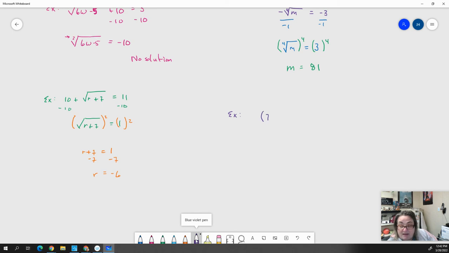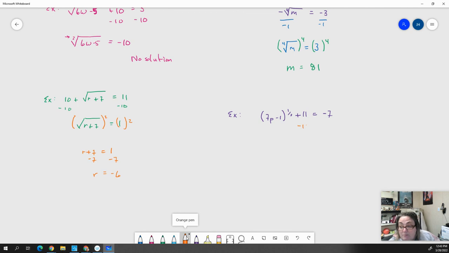Say I have 7p minus 1 to the 1/3 power plus 11 equals negative 7, right? We're going to still isolate this whole piece because, you know, we can write them back and forth like we did in that last assignment. Just raising it to the 1/3 power still means it's the cube root of that.